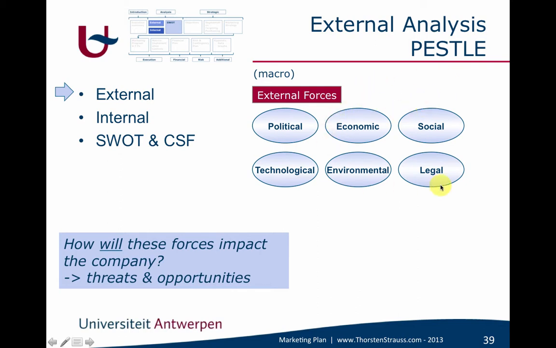I'm talking here about these 6 because I wanted to include all of them. Not all of them are always needed in an external analysis, but this part actually is about how is the outside world affecting our business. Are there changes in the political side?